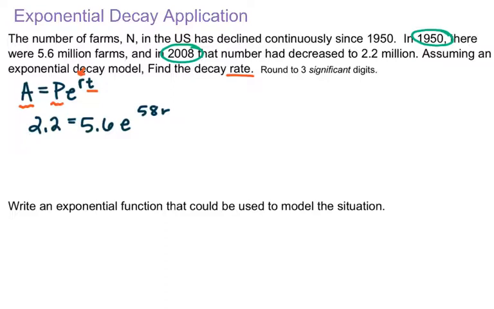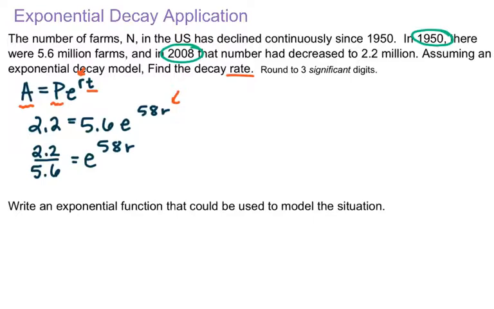So if we want to solve for R, it's in the exponent, so we're going to need to use logarithms. Our first step will be to divide on both sides by that value 5.6. So I get 2.2 over 5.6 equals E to the 58R.